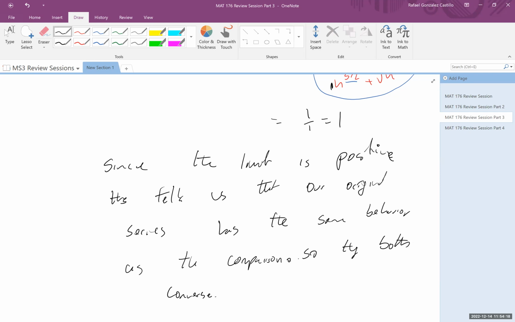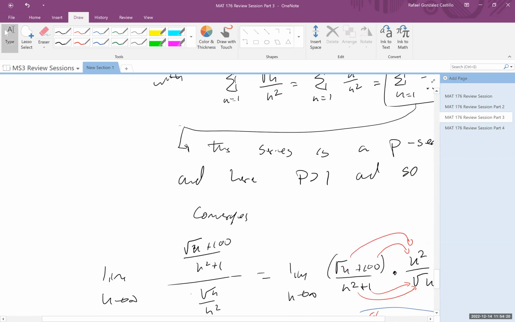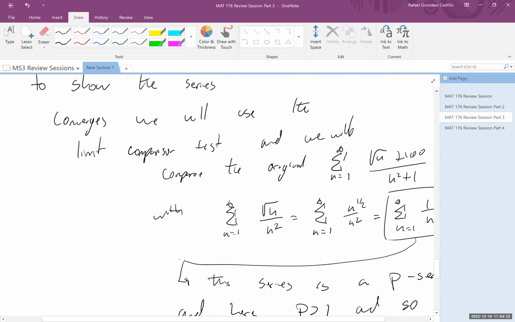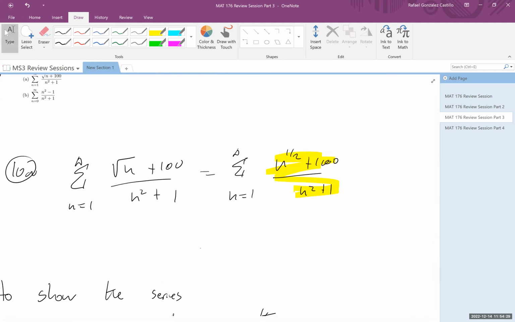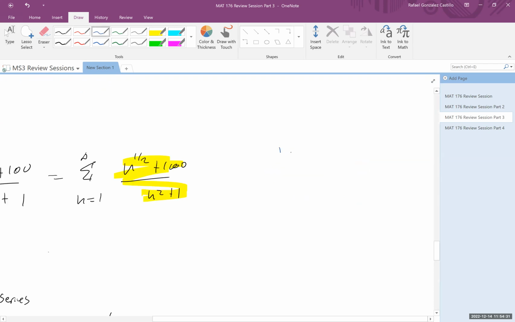You could have also used the nth term test originally. So if you go back up here and you just look at the sequence piece, which is n to the 1/2 plus 100 divided by n squared plus 1.